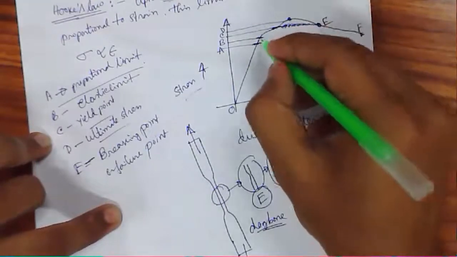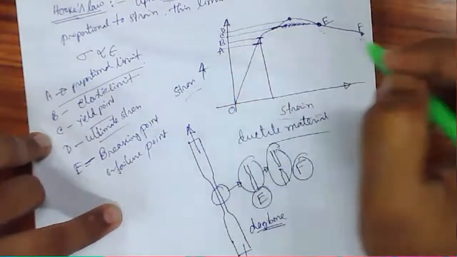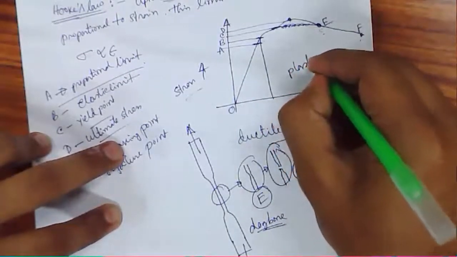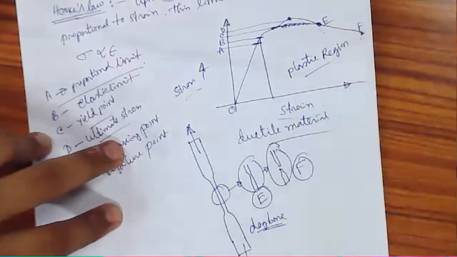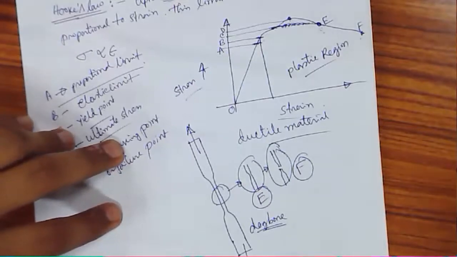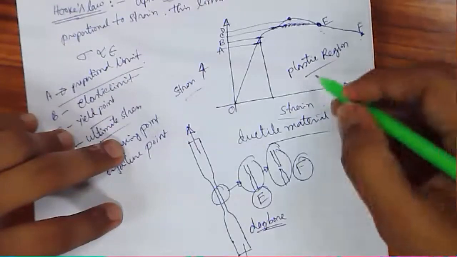Okay, now if we draw a perpendicular from B, this right hand side will be called the plastic region. Plasticity is a property of a material which says whenever we apply some load, if there is any permanent deformation, then we call the property plasticity, and the material will be called plastic.